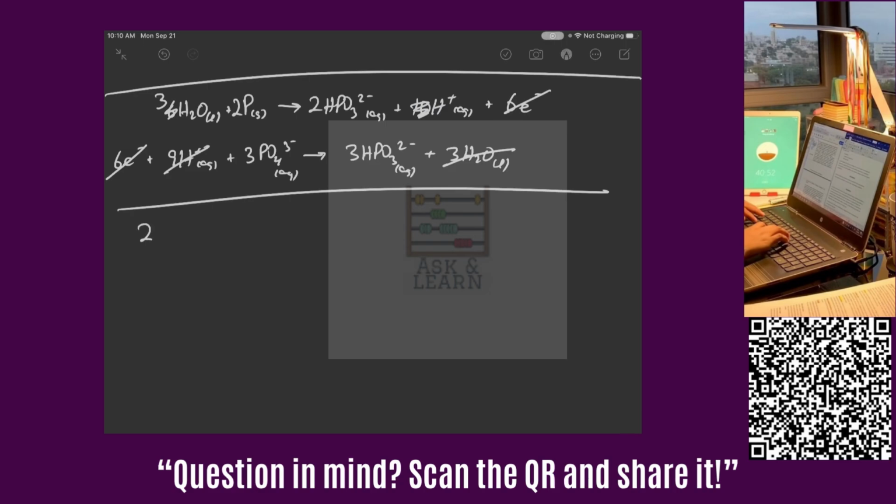Let's put this all together here. 2P solid, add 3PO4 3 minus, add 3H2O to 5HPO3 2 minus, and 1H plus. Switch this to basic.